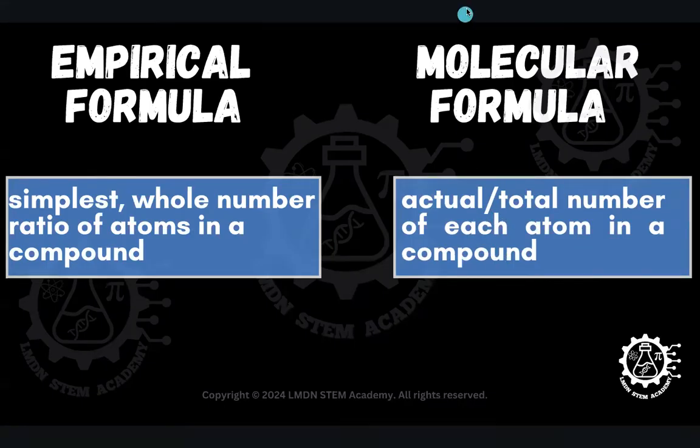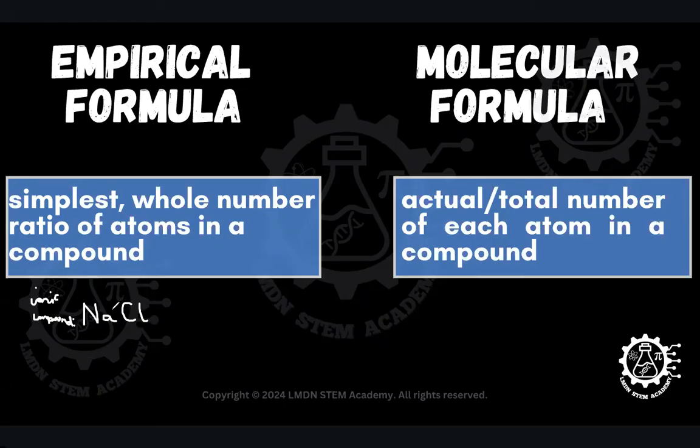And so let's take a quick example here. Let's look at your classic ionic compound, such as NaCl. NaCl is an ionic compound, and the formula that we generally talk about for NaCl is just NaCl.